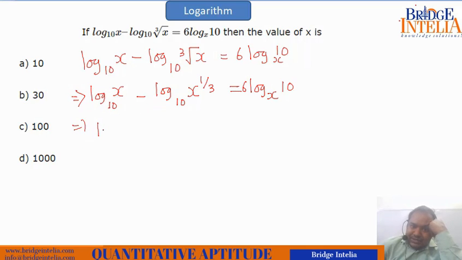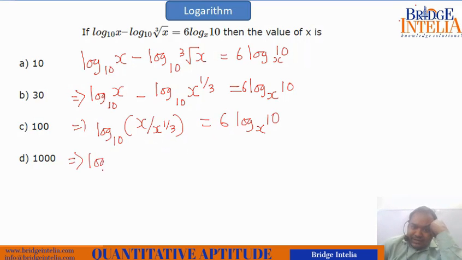So how? I can write this as log of x divided by x to the power 1 by 3, to the base 10. So this is given to us as 6 times of log 10 to the base x. So this means log of x to the power 2 by 3 to the base 10 is given to us as this much. But still the bases on both sides are different.